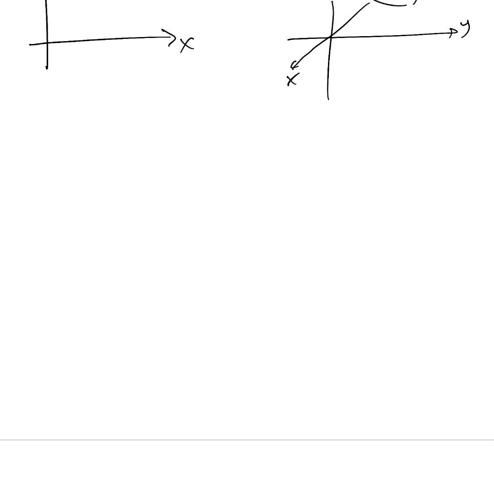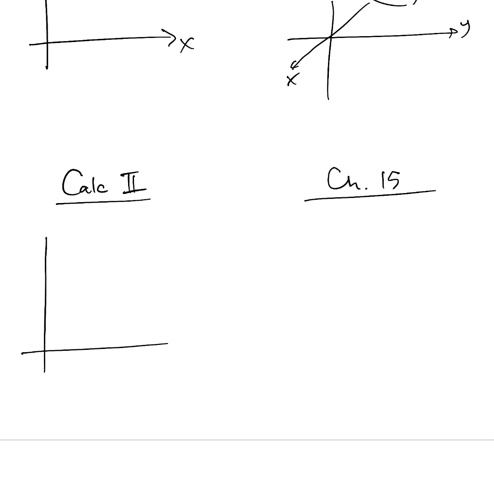Now let's redraw the analogy. Only this time, it's an analogy between Calc 2 and Chapter 15. All right, classic picture in Calc 2. Good old XY coordinate system. Some function y equals f of x over some closed interval a to b.